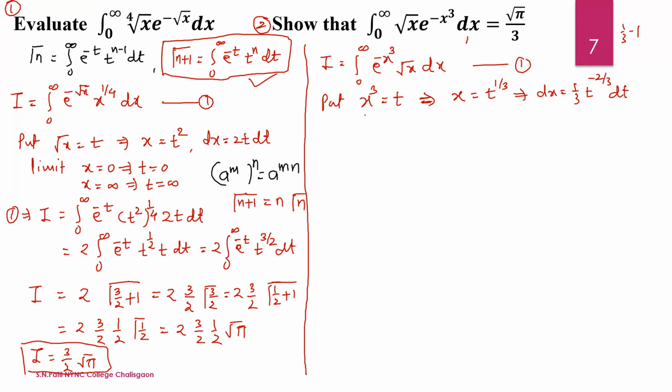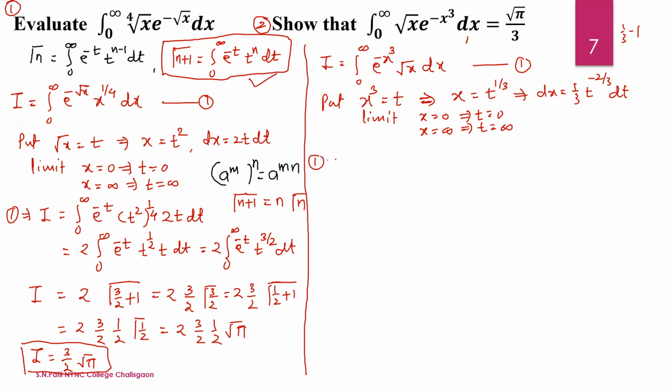Now there will be no change in the limits because of the single variable on left and right hand sides. So putting x equal to 0, we get t is equal to 0. When x is equal to infinity, which is the upper limit, we get the upper limit for t as infinity.